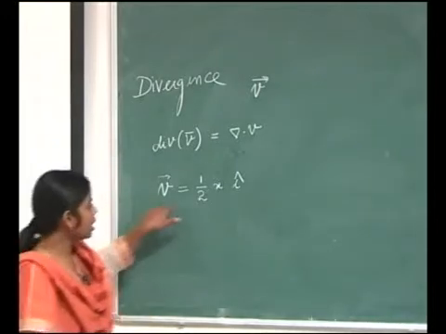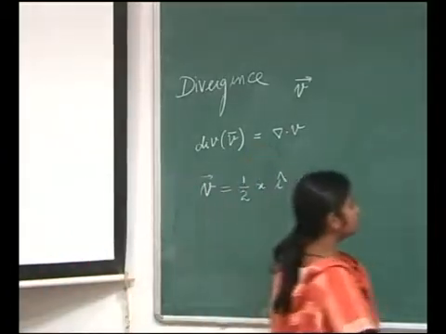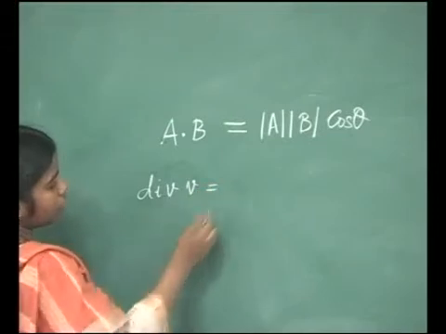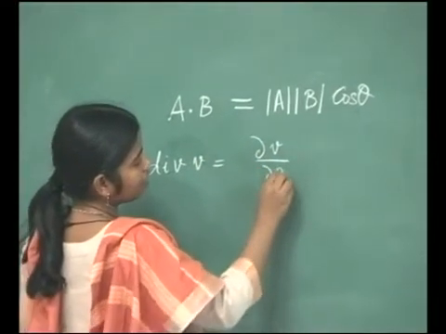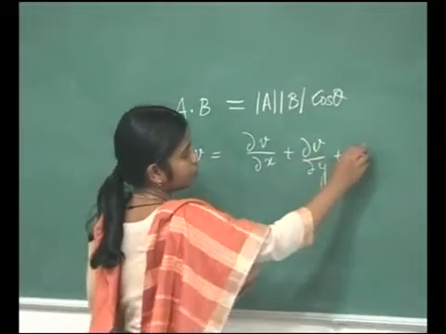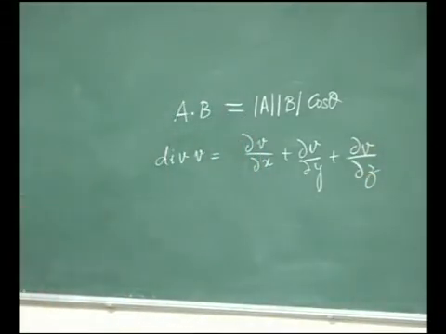If I define divergence, then divergence of v should be equal to del v by del x plus del v by del y plus del v by del z. Divergence is a scalar quantity.